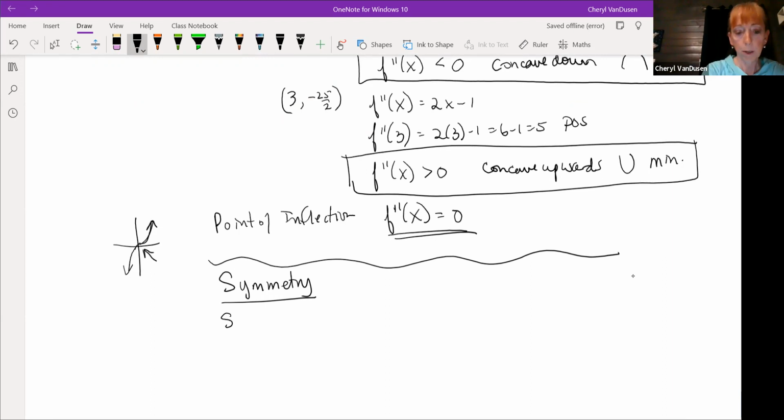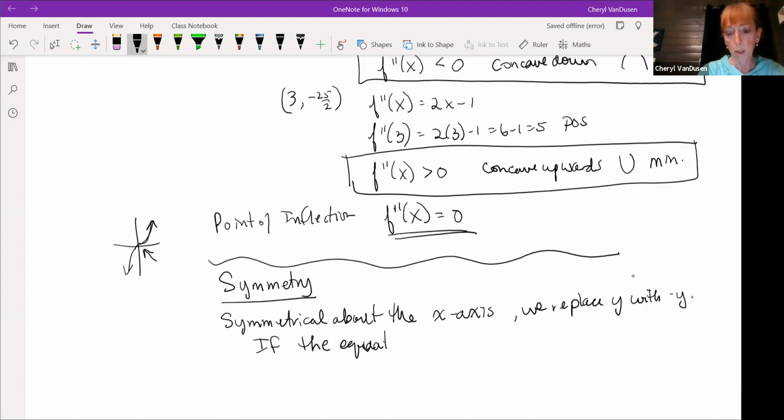If we're asked if it's symmetrical about the x-axis, if the equation stays the same, it is symmetrical about the x-axis.